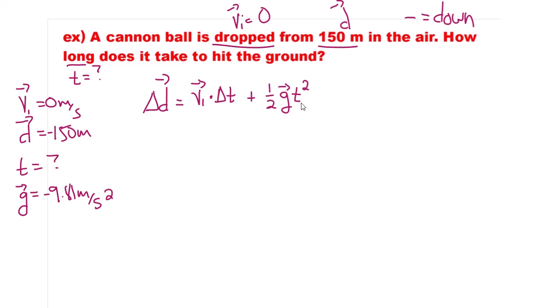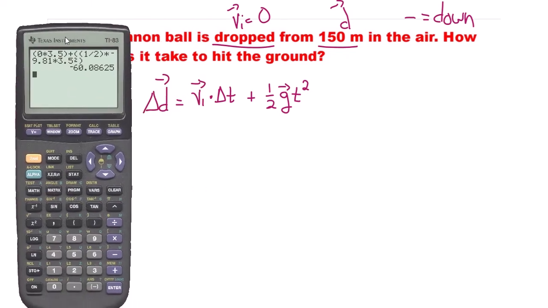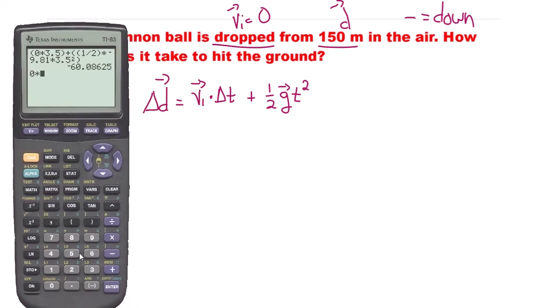Now, I'm trying to get time by itself, and that's really hard because I've got time in my equation twice, and here it's a regular t, and here it's t squared. So how do I deal with that? Well, I recognize that because my initial velocity is 0, what is anything times 0? If you don't know, you can try it, right? So 0 times 5, 0, 9 times 0, 0, 88 times 0, 0.